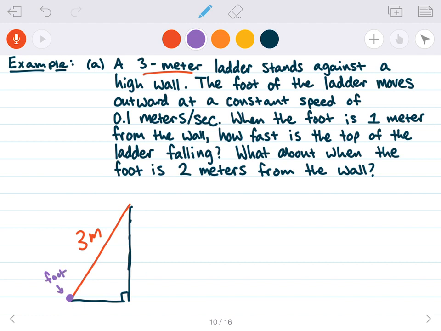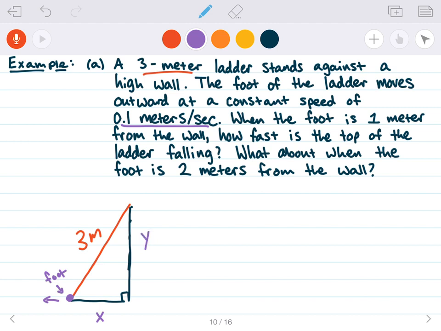The foot of the ladder moves outward, okay, so it's moving that way, at a constant speed of 0.1 meters per second. Okay, so, usually in our right triangle, we call the base x and we call the height y. Well, I do anyway.